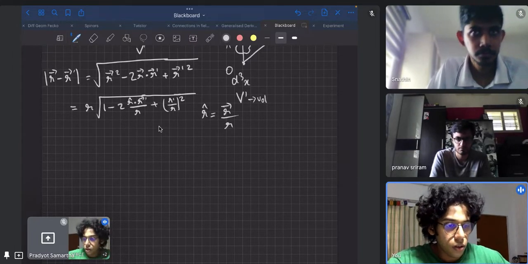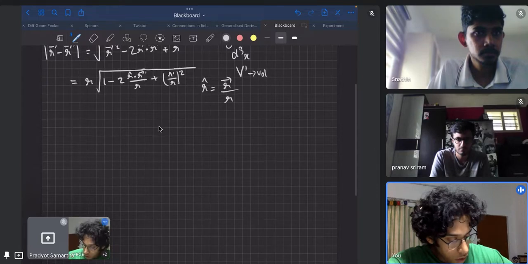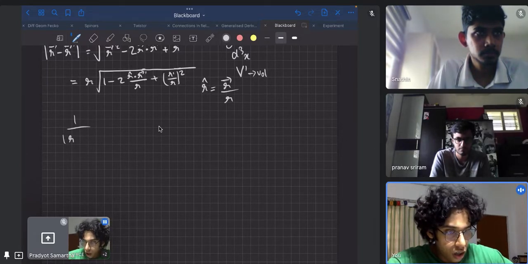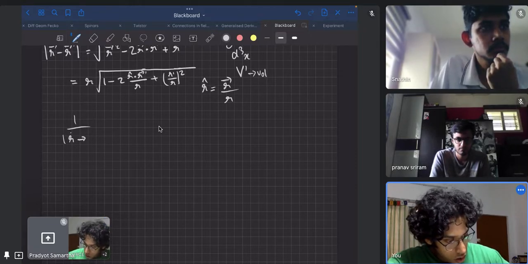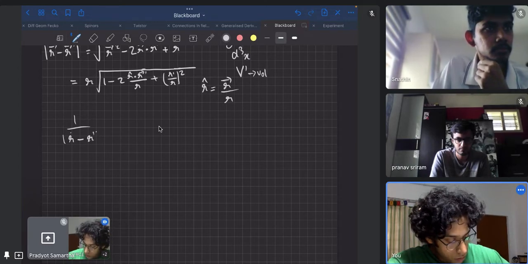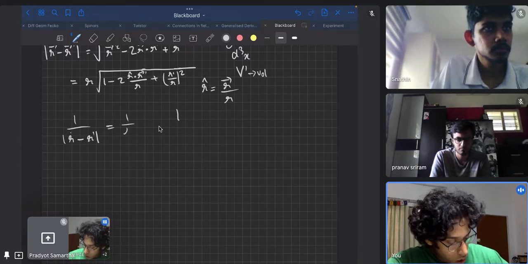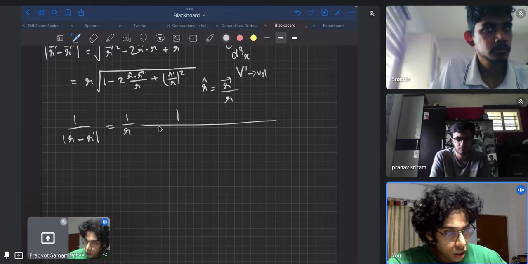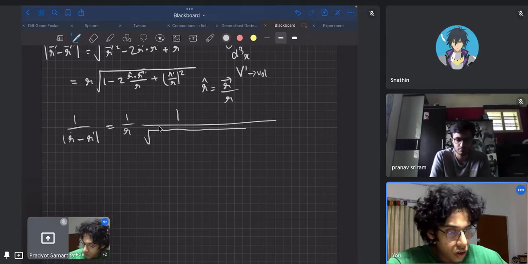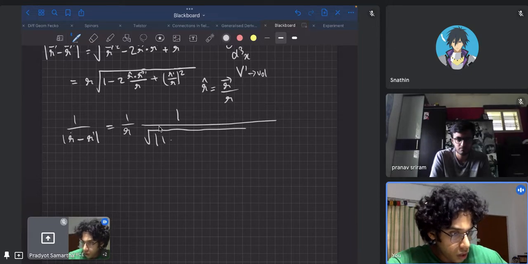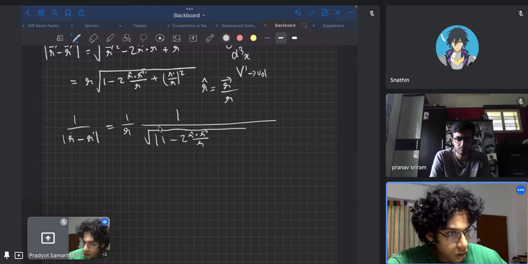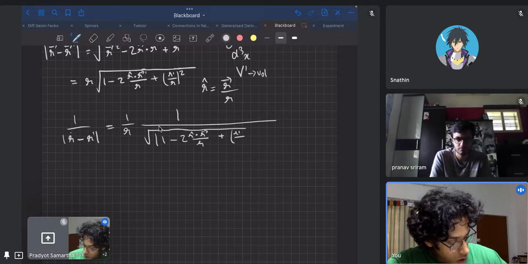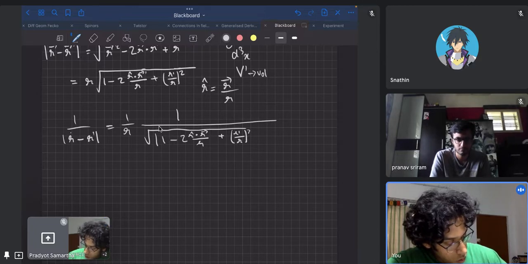So now the expansion of 1 by the modulus of r minus r prime is 1 by r, divided by the root of 1 minus 2 r cap dot r prime by r plus r prime by r whole square.